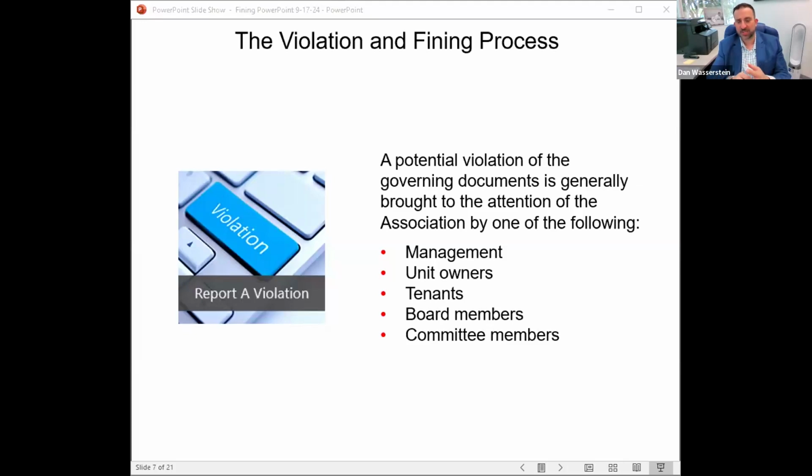So if your documents say our community is governed by Florida Statute 720 as amended from time to time, that's the Kaufman language. And what that means is your community automatically absorbs and is subject to all the changes that the legislature makes to the statute year after year.